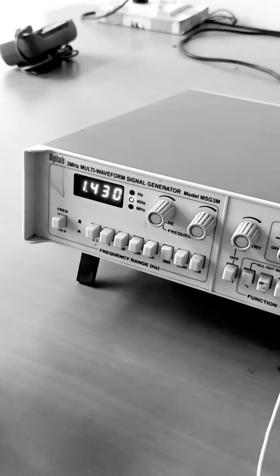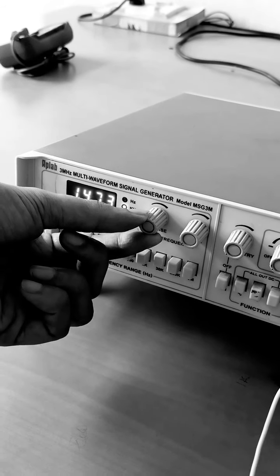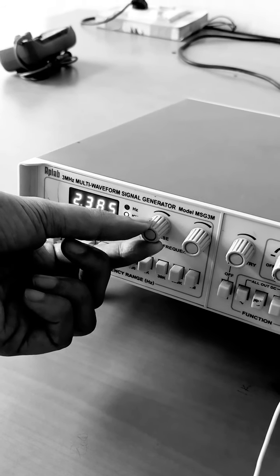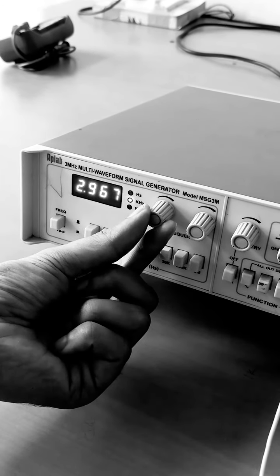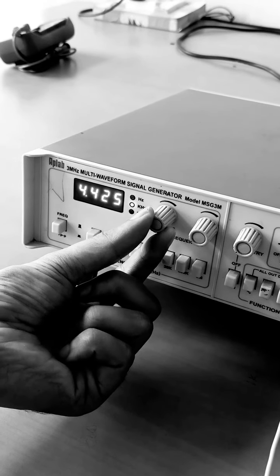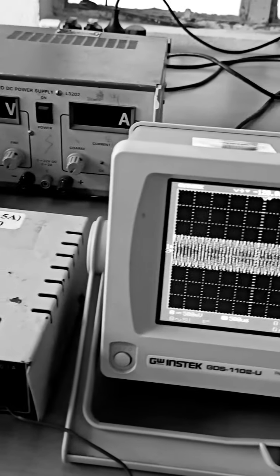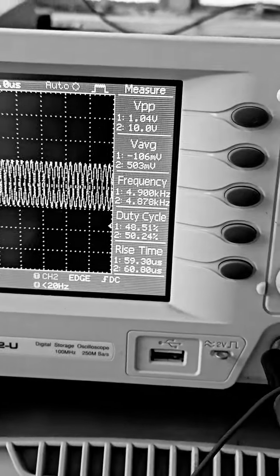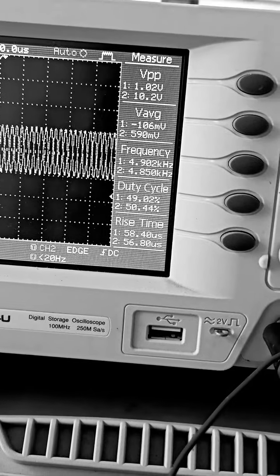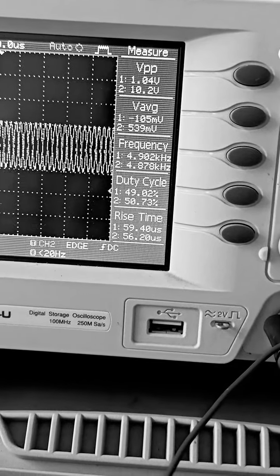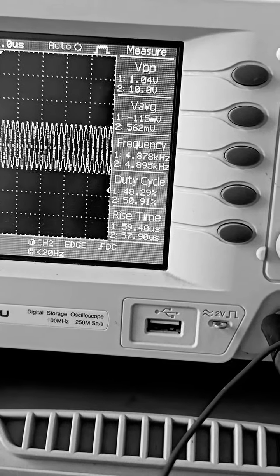Similarly, you go on incrementing the frequency. I'll go to 5 kilohertz. So it is near 5 kilohertz. You can see the output voltage is around 540 millivolt.